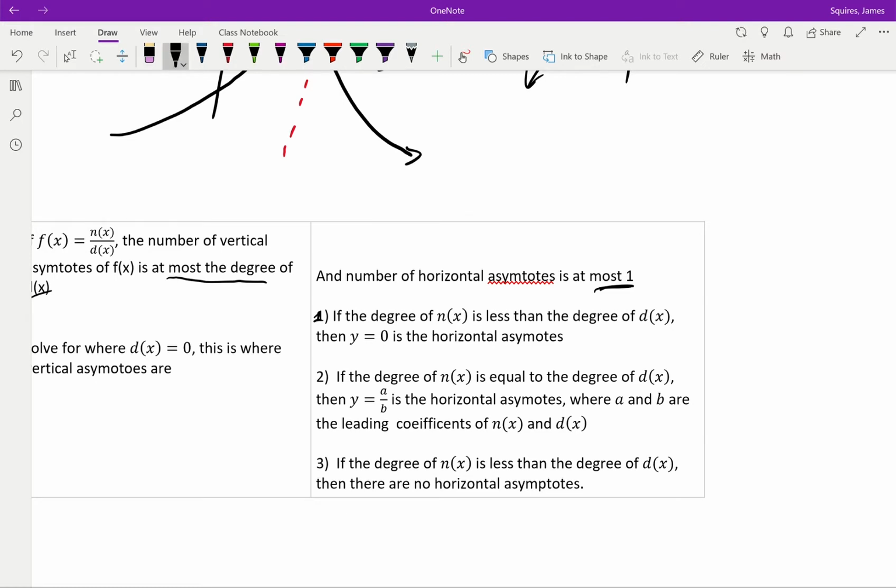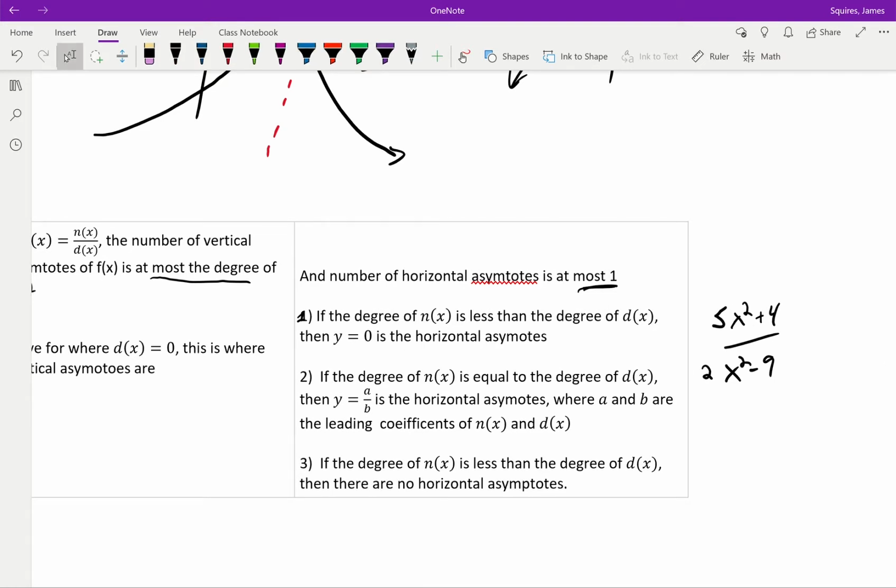So maybe an example of this, where we have 5x squared plus 4 divided by 2x squared minus 9, just to emphasize something. So we know that the degree of both our numerator and denominator is the same.